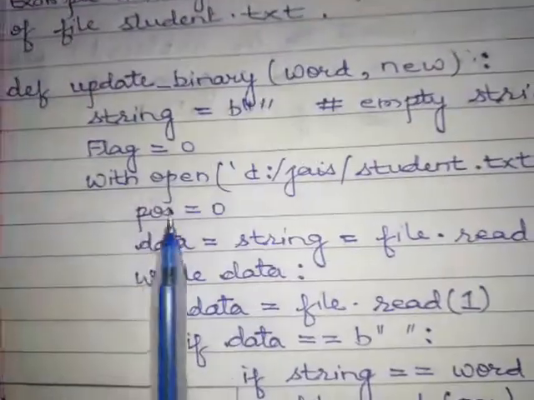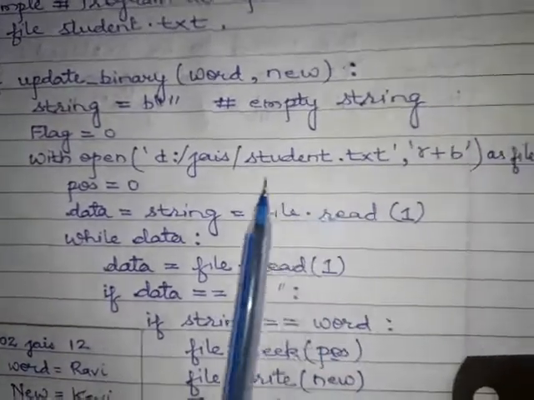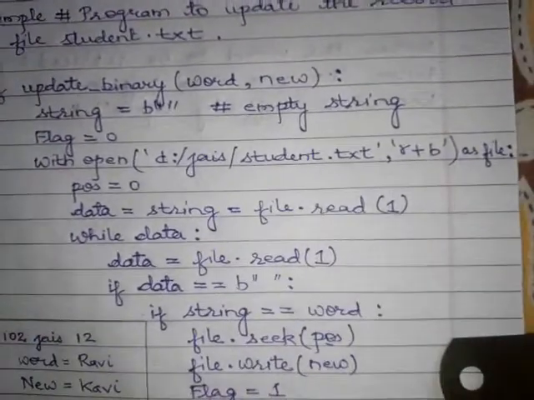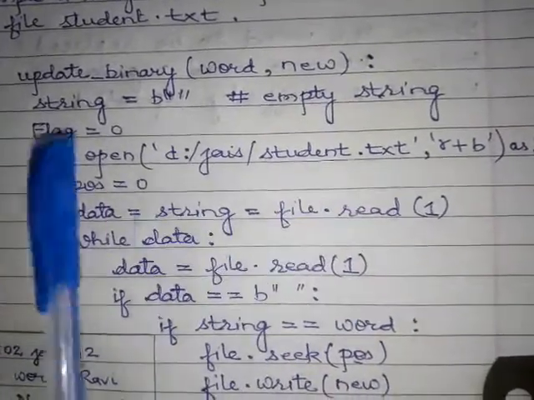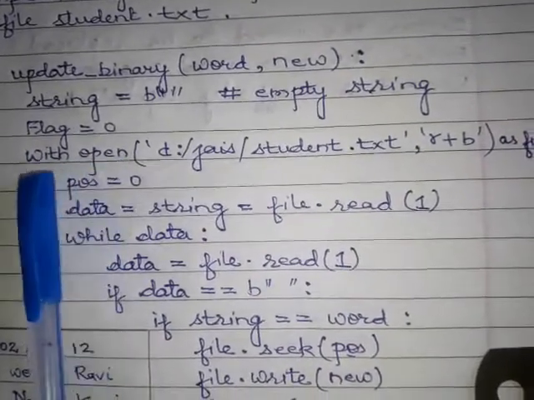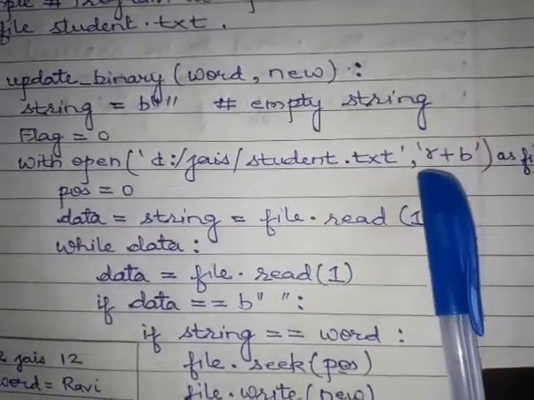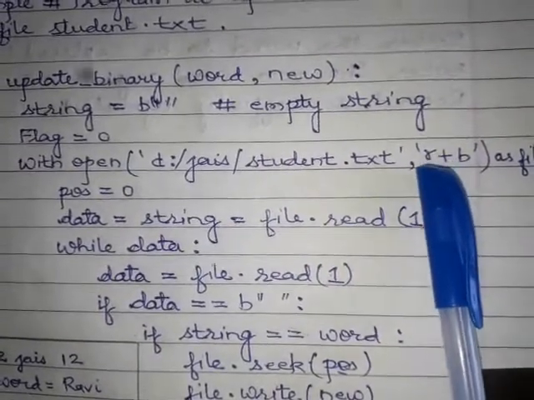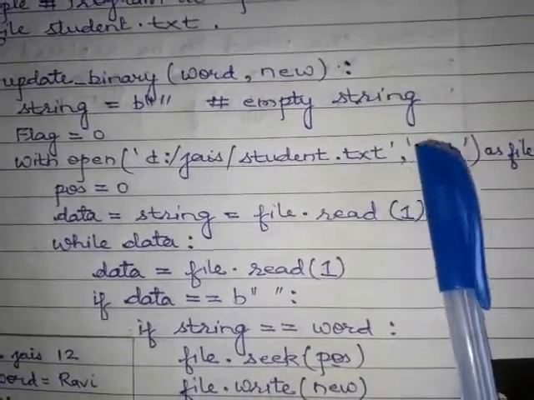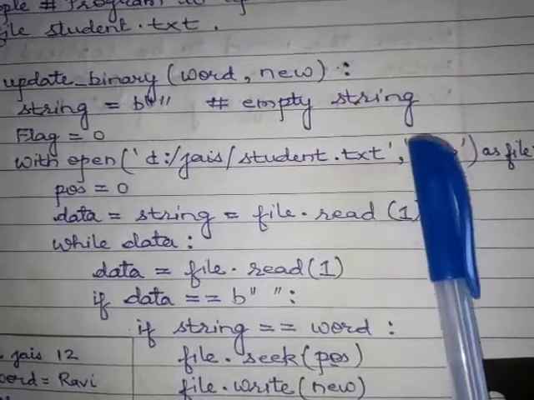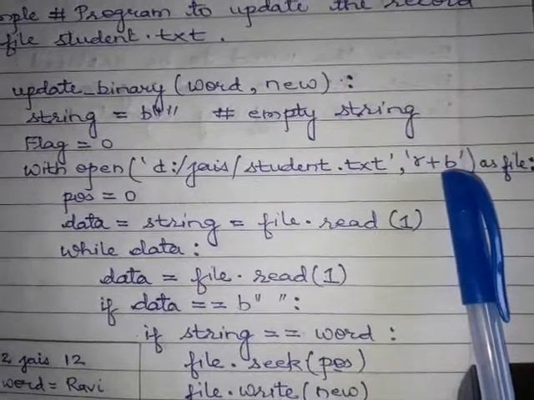Okay. Now this is the new way to open the file. If you want to perform several different operations within a block, you can open the file like this. With open are the keywords, then the path of the file, and we open the file in read plus b mode. Read plus means we are able to read or write on the file, and b means binary.